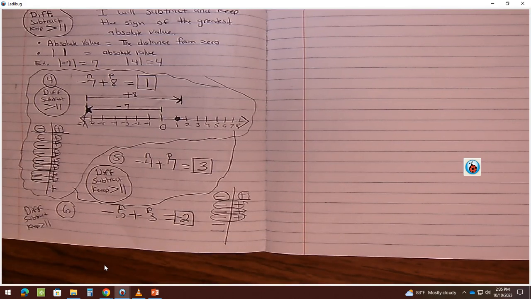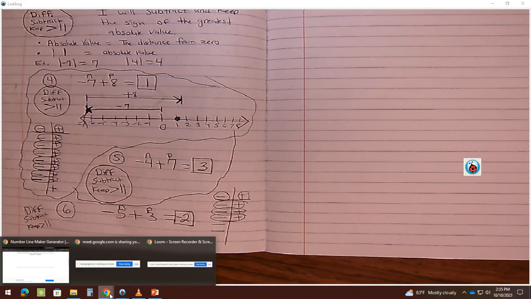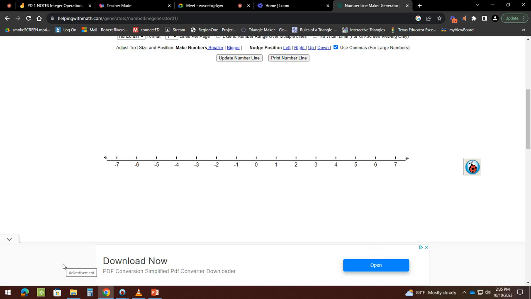Okay? If we use the number line, which says -5, so we first lost 5. So starting from 0, I lose 5. 1, 2, 3, 4, 5. But then I gain 3.